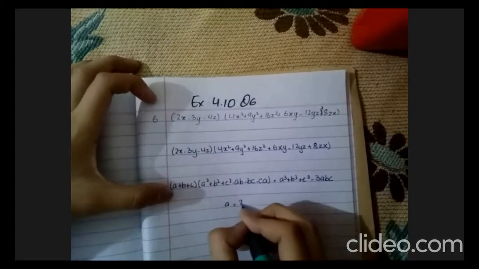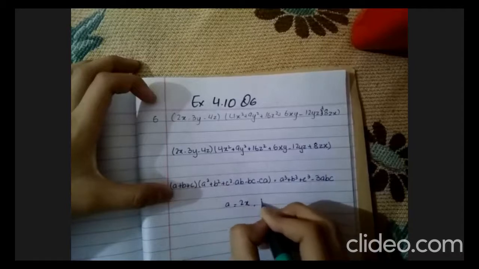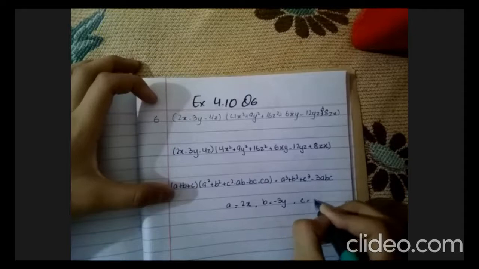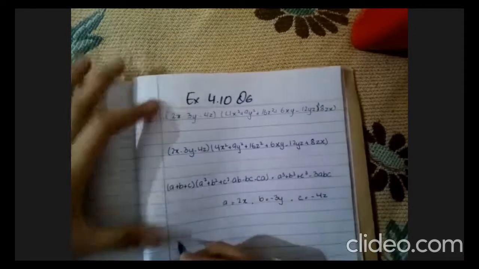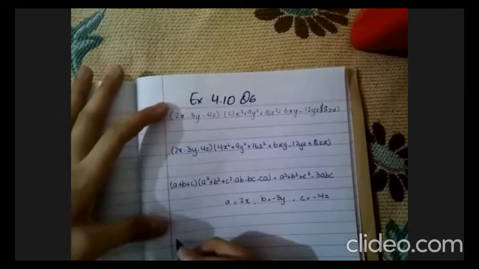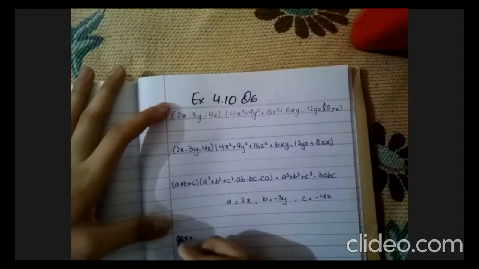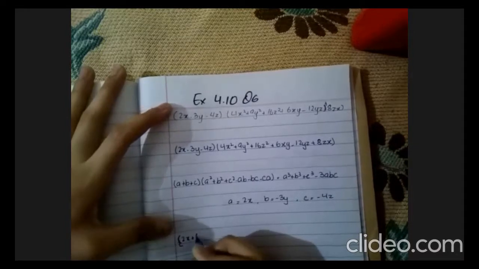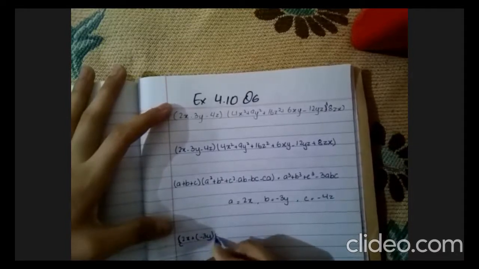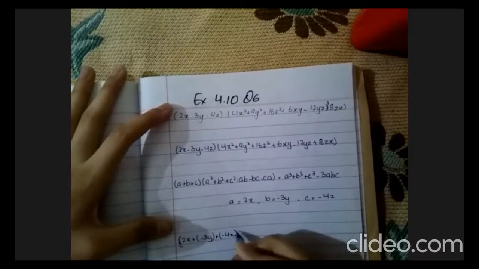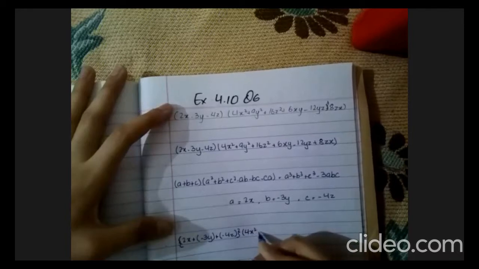A is equal to 2x, B is equal to minus 3y and C is equal to minus 4z. Very good. Now put the value. Simply copy down the question again. Yes, 2x plus minus 3y plus minus 4z in curly brackets, and it will remain the same, that is 4x square plus 9y square.